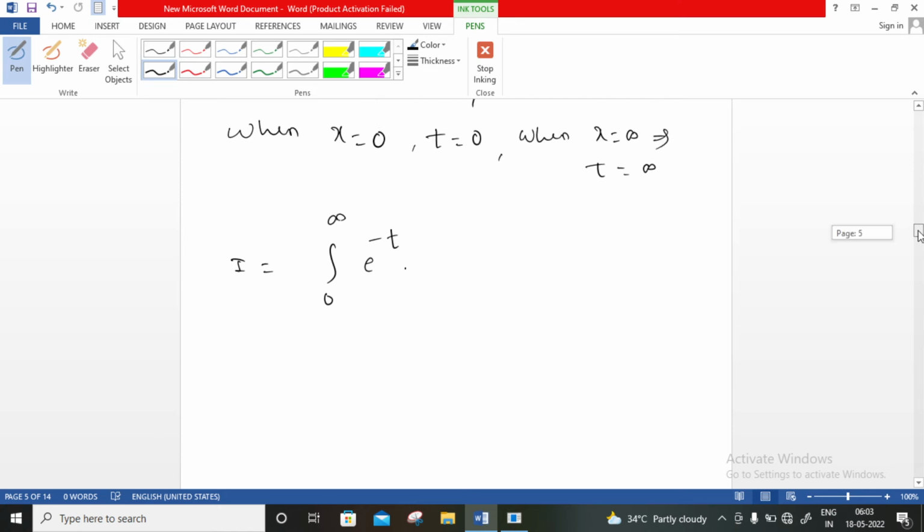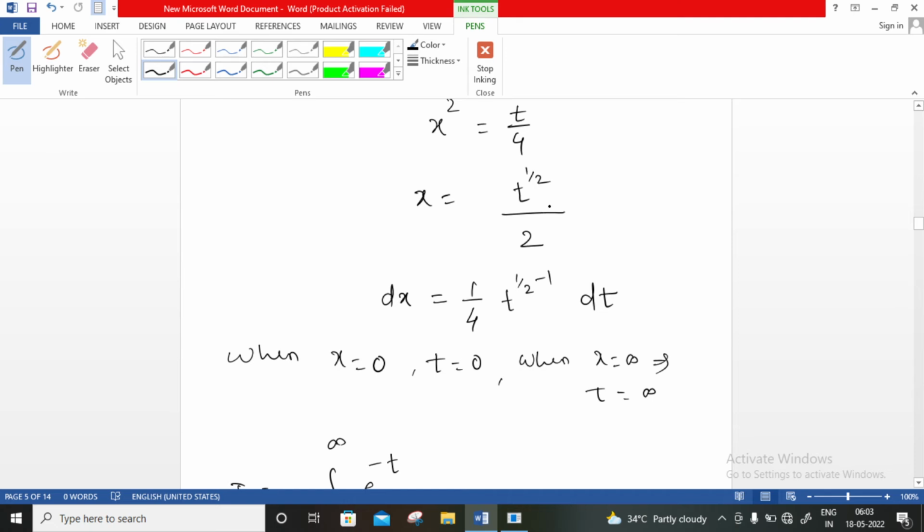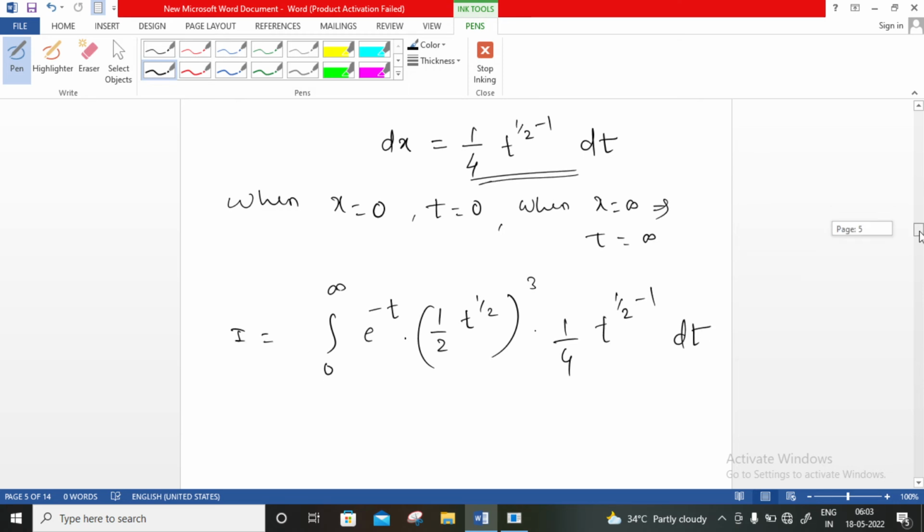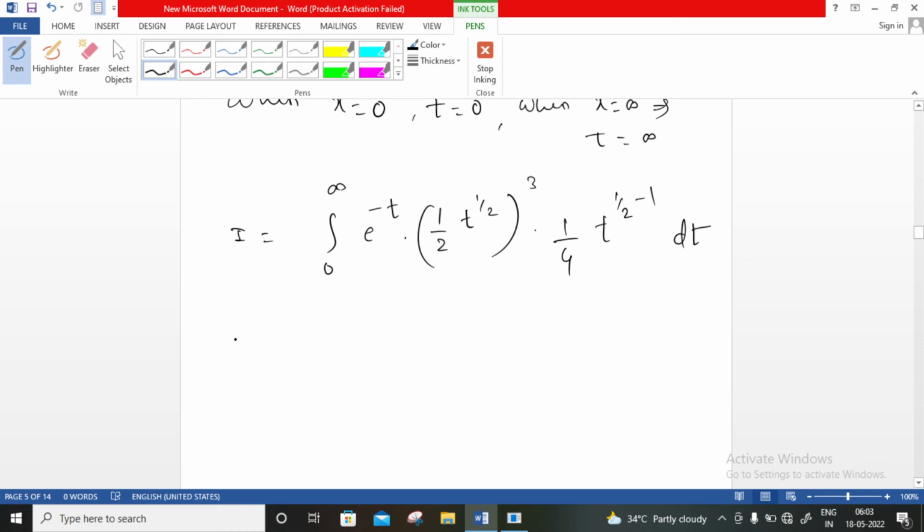Here our x is 1 by 2 t raised to 1 by 2, so you take its power 3: 1 by 2 t raised to half, raised to power 3, into dx. Dx is 1 by 4 t raised to 1 by 2 minus 1 into dt. Now 1 by 2 raised to 3 is 1 by 8, into 1 by 4, these terms are constant. 1 by 8 into 4 is 1 by 32. So I write it outside the integration.